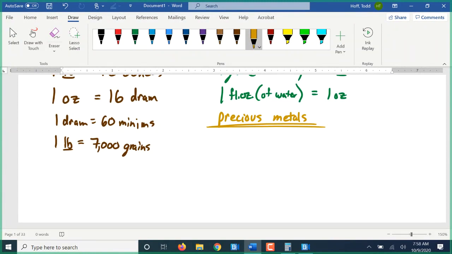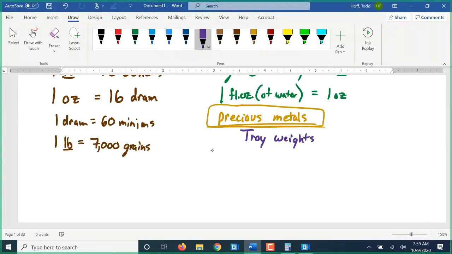Well, historically, the center for buying and selling precious metals like gold, silver, platinum, and whatever, is the island of Troy off the coast of Greece. So when we buy and sell precious metals, we still use Troy measurement, Troy units, or Troy weights.